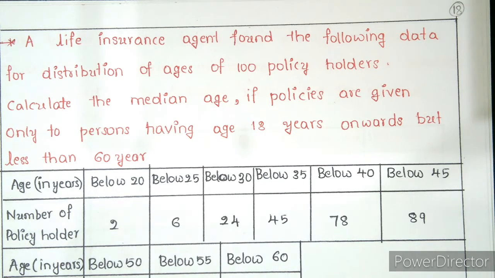Calculate the median age if policies are given only to persons having age 18 years onwards but less than 60 years.